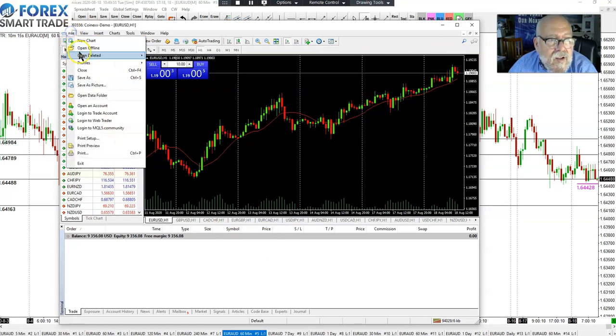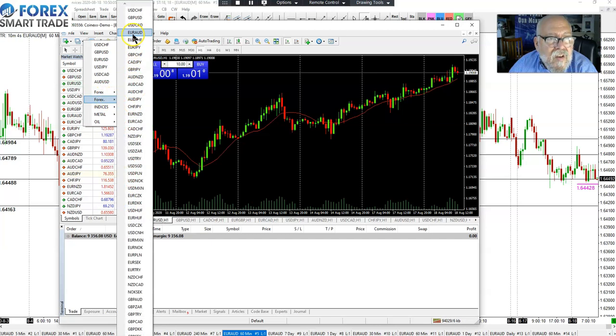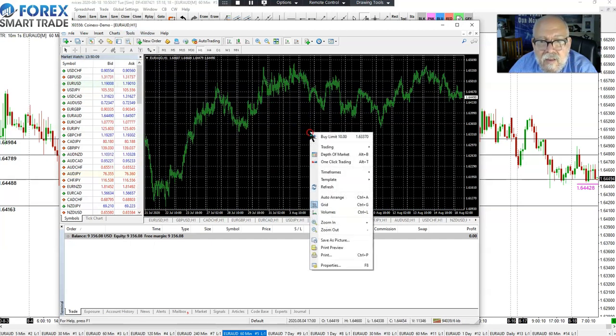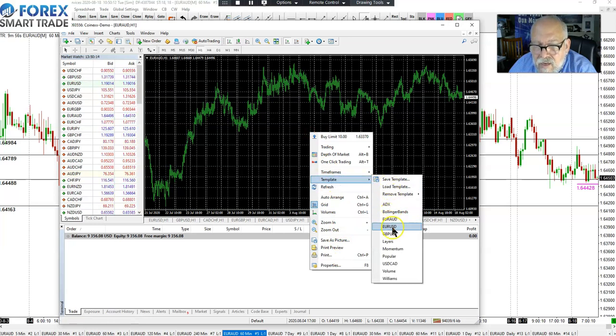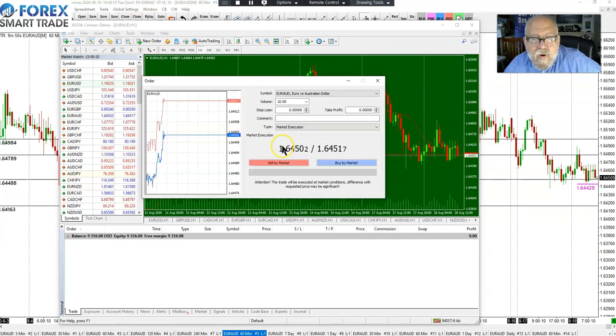So file, new chart, Euro AUD, not in this group. Not in this group. Let's go down here. Euro AUD. I use templates because I don't like this screen. I'm going to do new order.